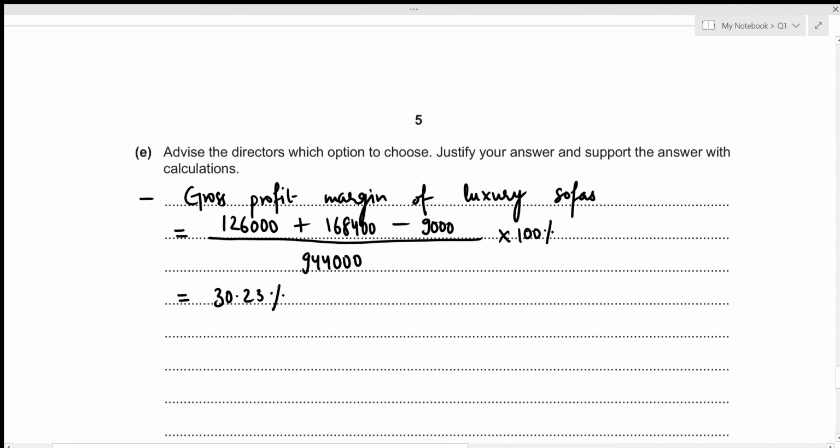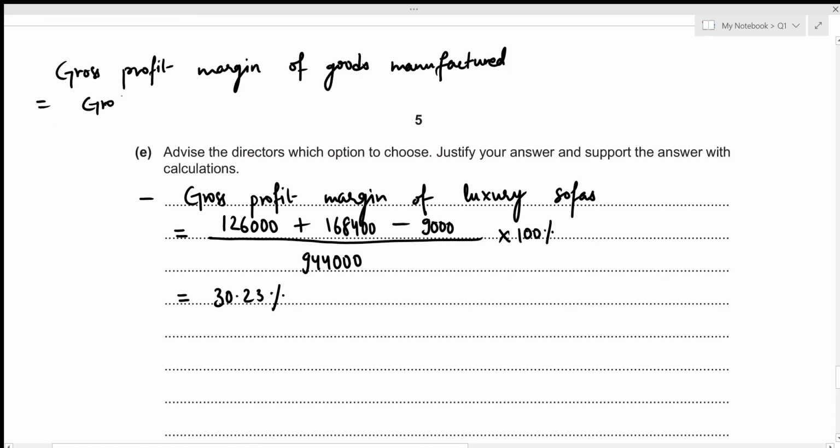Now, if you find this conceptual thing difficult, I'm just going to write the formula for gross profit margin of goods manufactured. This is just going to be the gross profit, and this will be from the income statement. Then we will add our factory profit. This will be from our manufacturing account, and then we'll see whether there is an increase or decrease in the provision for unrealized profit.